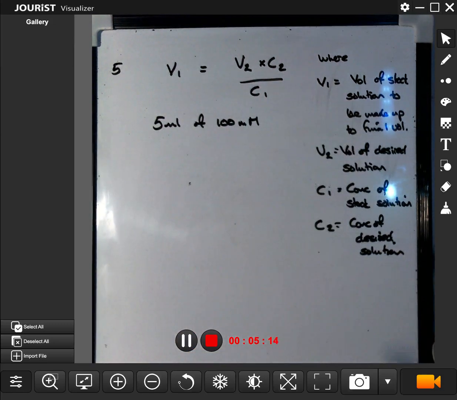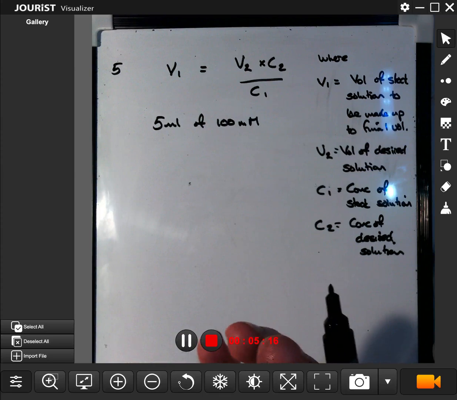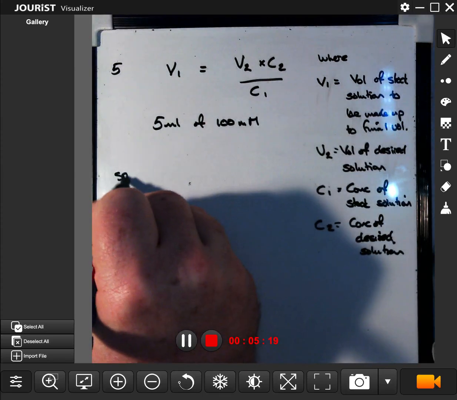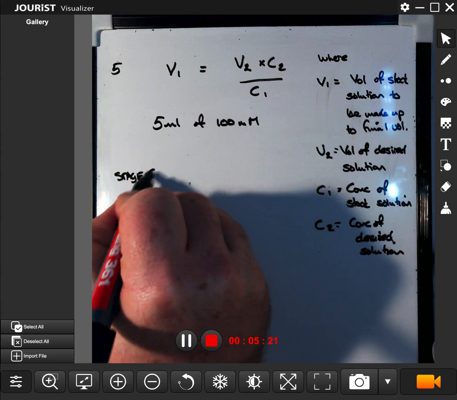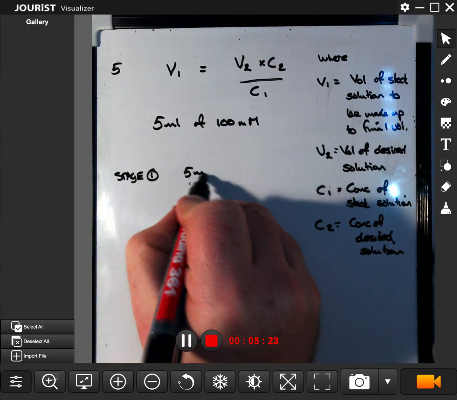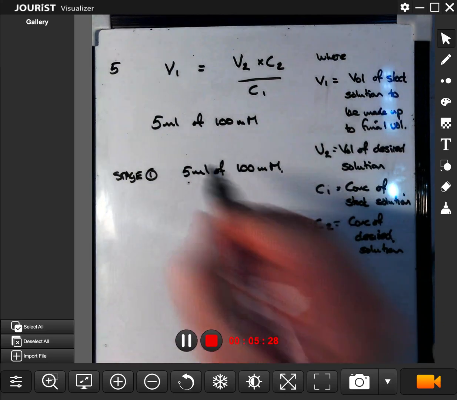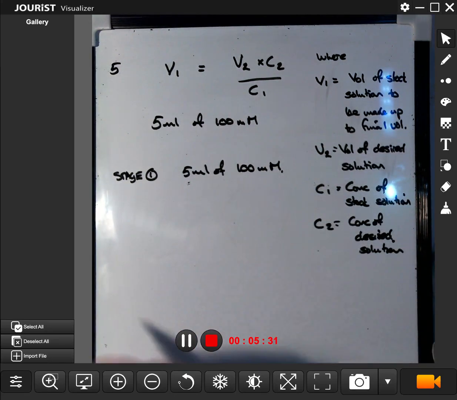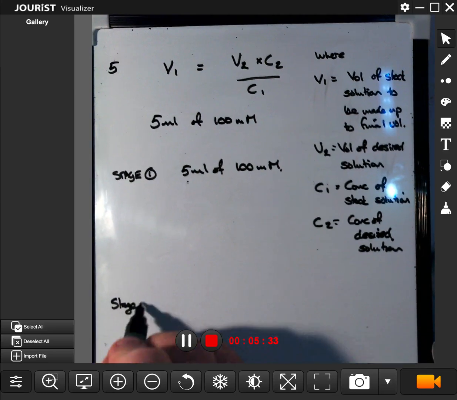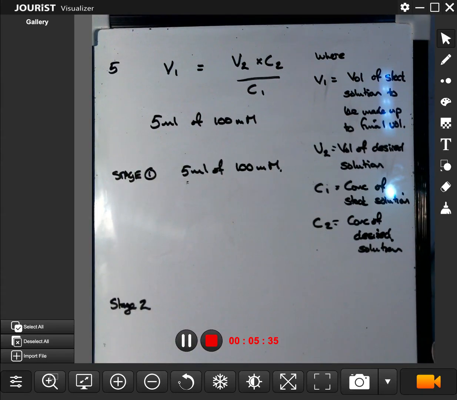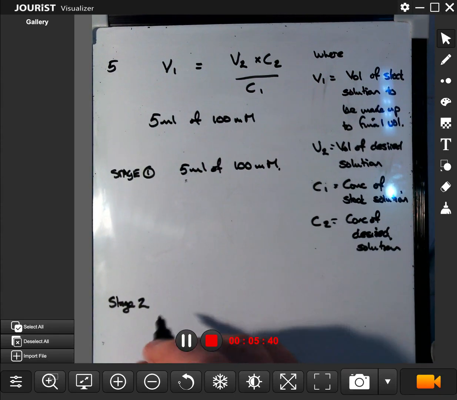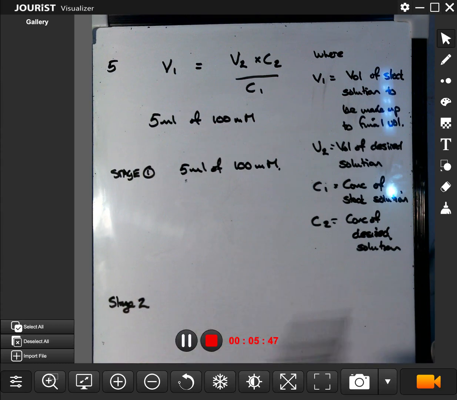So let's work out stage one. We're just going to use the same equation as before: V1 equals V2 times C2 over C1. V2 is 5 mils. C2 is our concentration, that's going to be 100. And our initial concentration, what we're starting off with, is 2,500 millimoles.